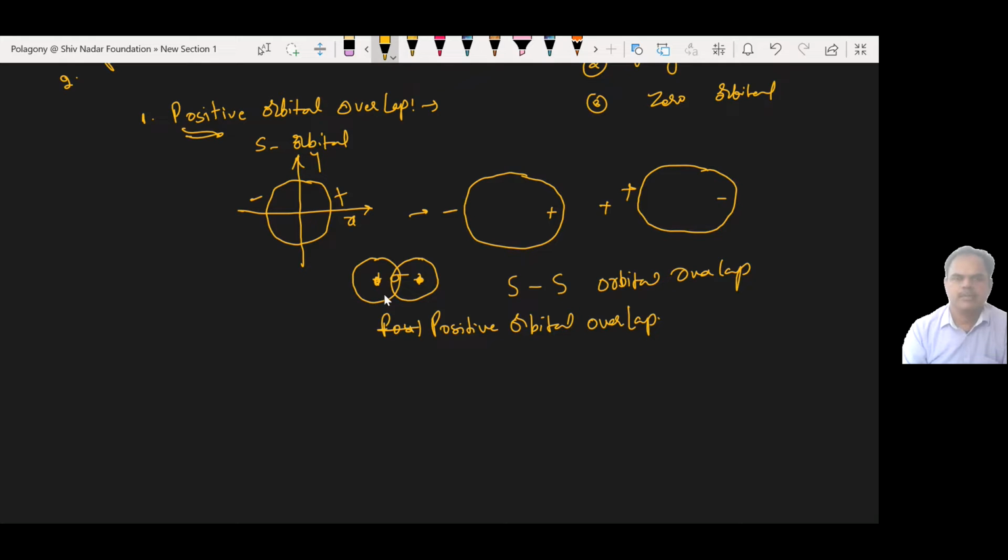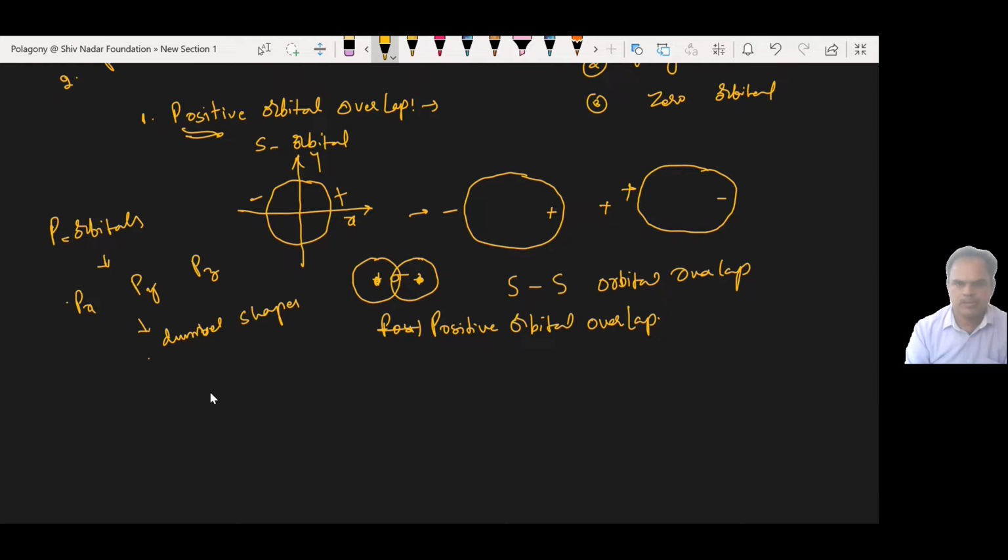The greater the extent of overlap, the stronger the sigma bond. If you consider p orbitals, there are three types: px, py, and pz. What are the shapes of these p orbitals? Dumbbell shapes.